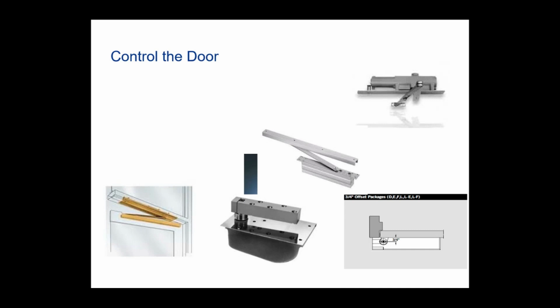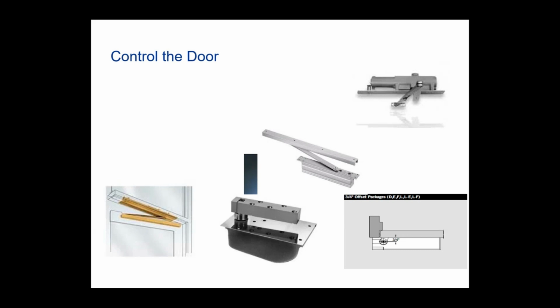So if you have metal doors, aluminum doors, or even wood frames, these can be installed up into the frame, allow you that control, and give you a more aesthetically pleasing look at your door, rather than, say, you're an architect that doesn't like a lot of jumbled mess on a door, a closer, and an arm or something like that. You can use a track arm, and then you can install it into the frame. It's more aesthetically pleasing, it's easier to control, and it might help out your application.